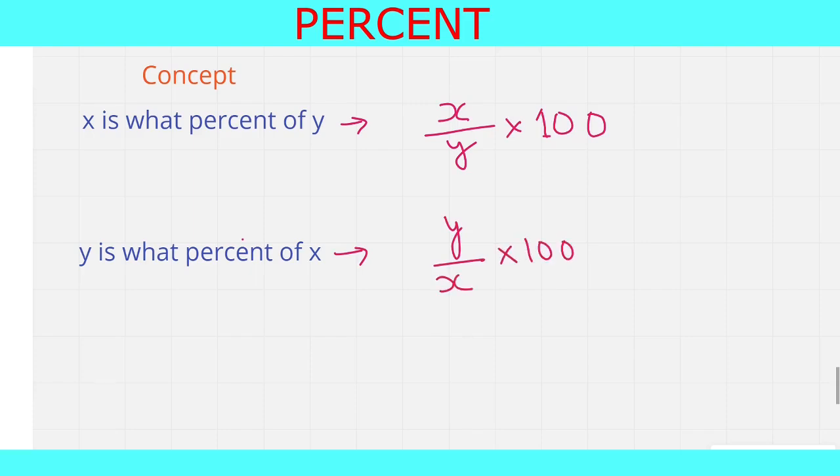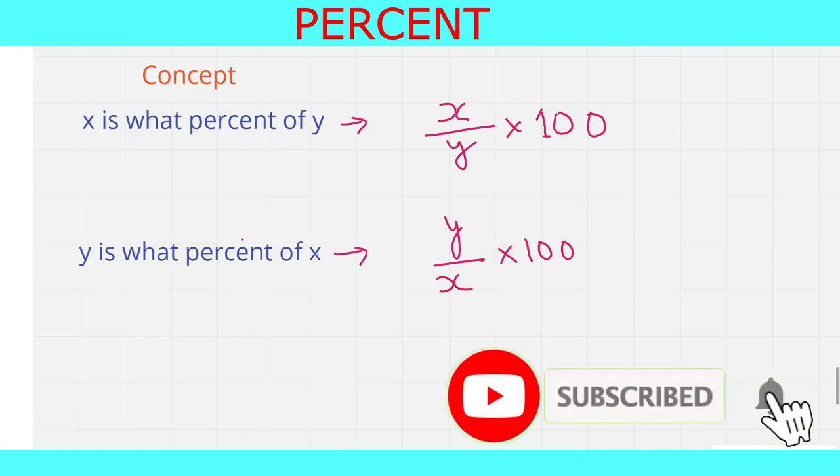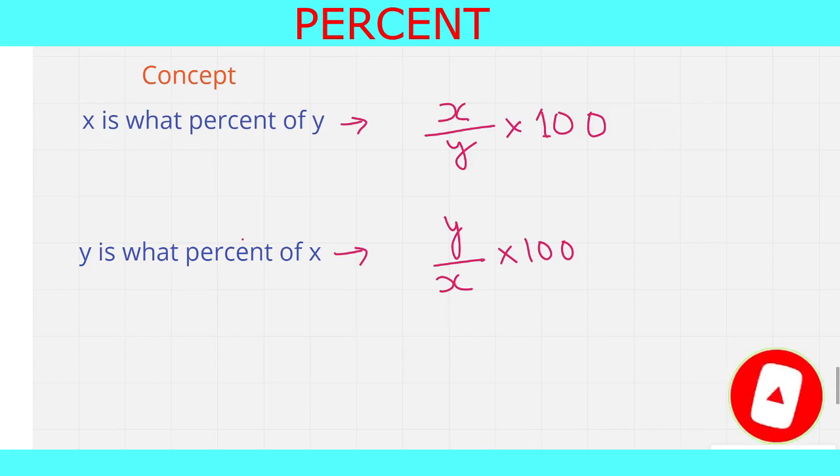When it is asked x is what percent of y, then y has to be in denominator and x is in numerator. Similarly, when it is asked y is what percent of x, then x has to be in denominator and y is in numerator. We will learn this concept by solving few questions.